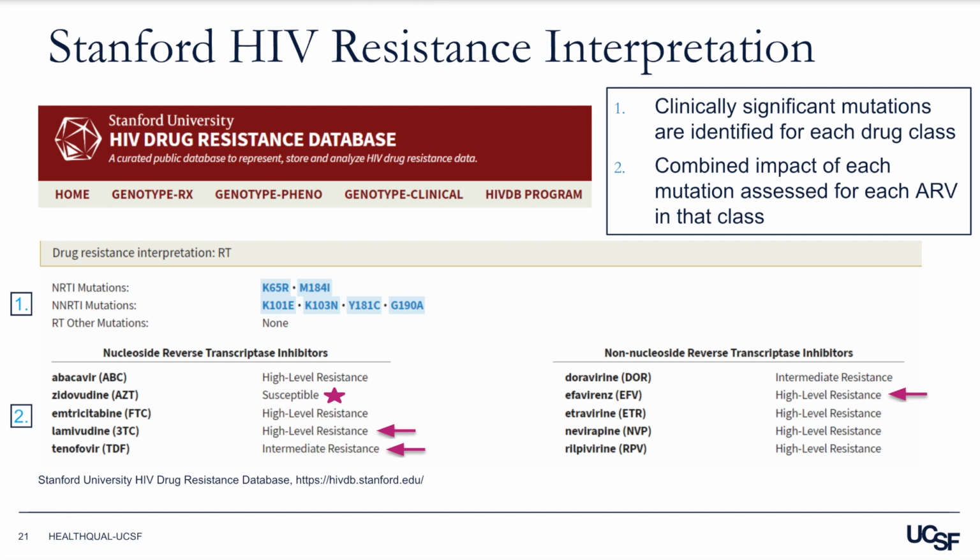So tenofovir retains a little bit of activity, but the abacavir, emtricitabine, and lamivudine are no longer going to be effective for you. They will not really have any activity. And then if you look on the right-hand side, this combination of NNRTI mutations renders the efavirenz ineffective as well.